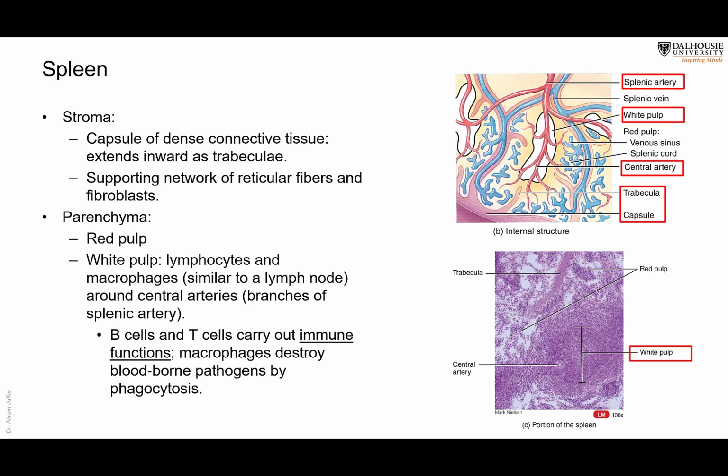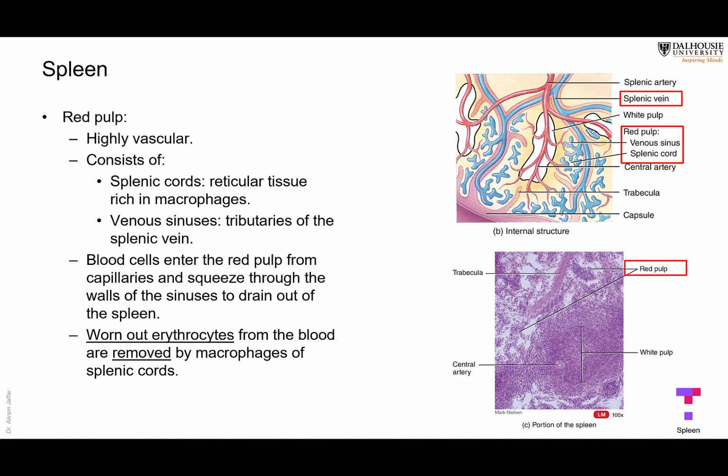It cannot repair itself, so worn out and defective RBCs are going to be destroyed either in the liver or in the spleen. And this is in the red pulp of the spleen. This is the other function of the spleen.